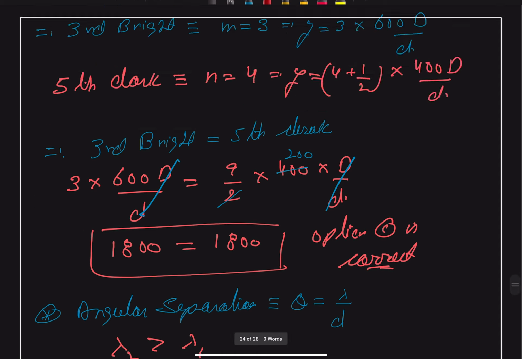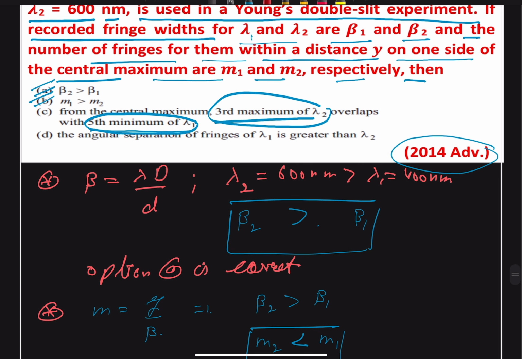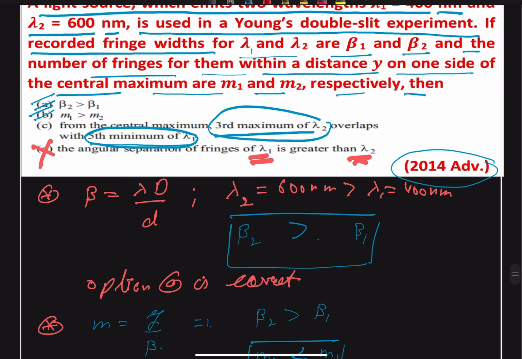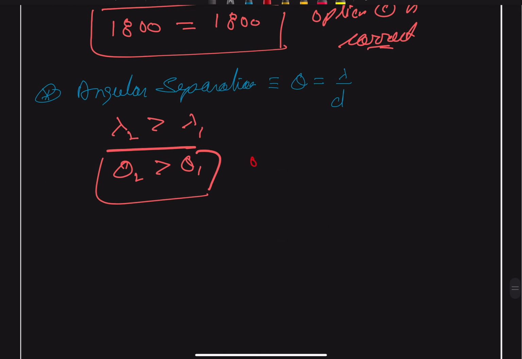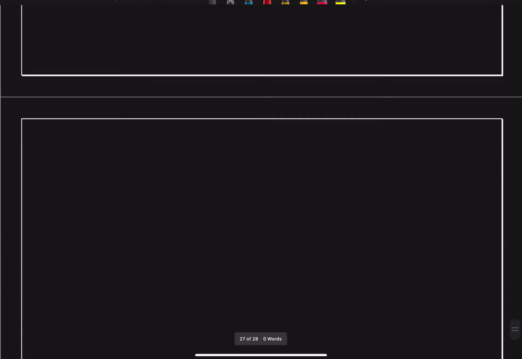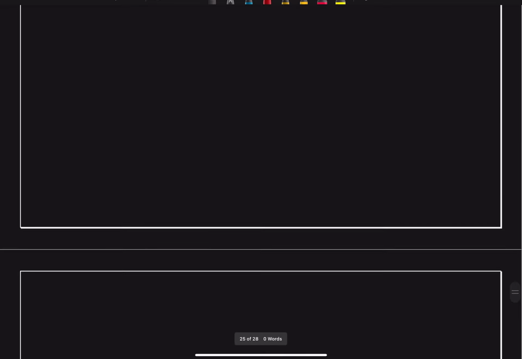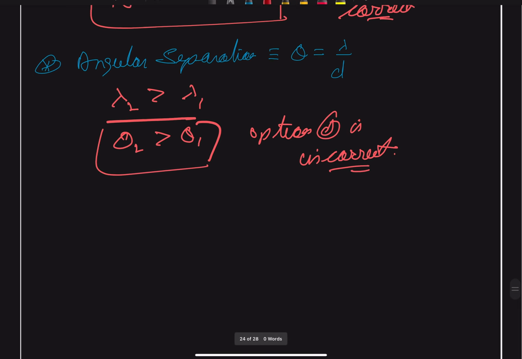But the option given to us says that theta 1 is greater than theta 2, so this option is incorrect. So option D is incorrect. I think this was the last one. So these were all the questions that were asked in the year 2014, Mains as well as Advanced.